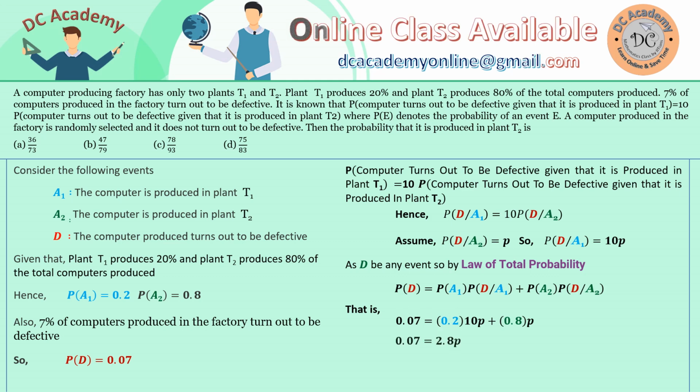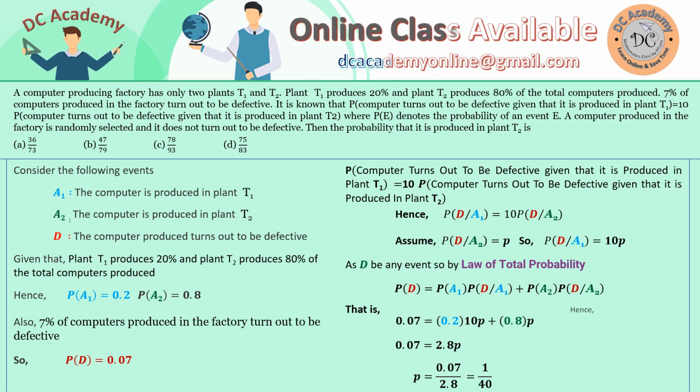By solving, we can calculate that P is equal to 1 by 40. Therefore probability of D by A1 is 10 by 40 and probability of D by A2 is 1 by 40. Whatever the given information, we just rewrite and calculate all the probabilities separately.